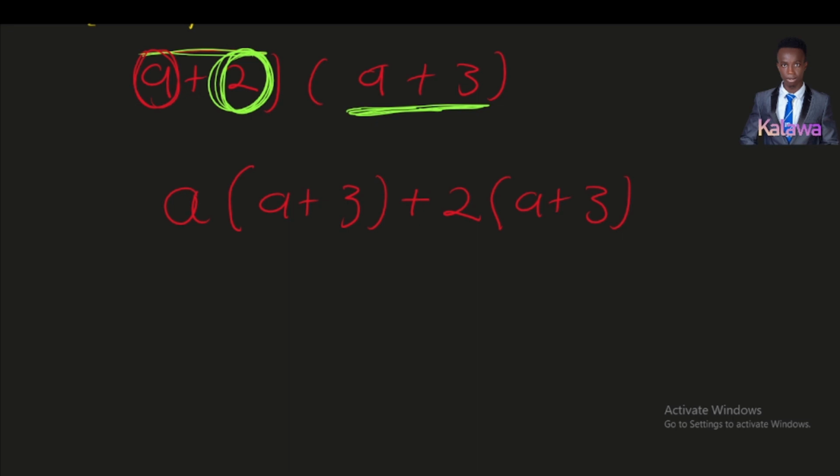So a times a is going to give us a squared. And then this same a, we multiply it by 3, is going to give us plus what? 3a. So what then is left? We now move to the second term.